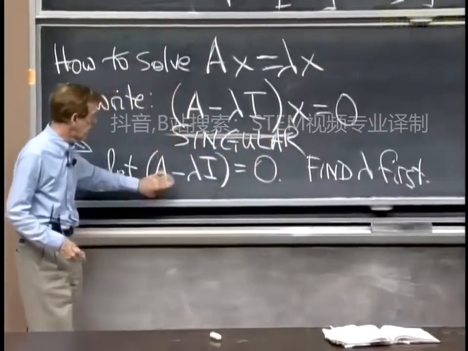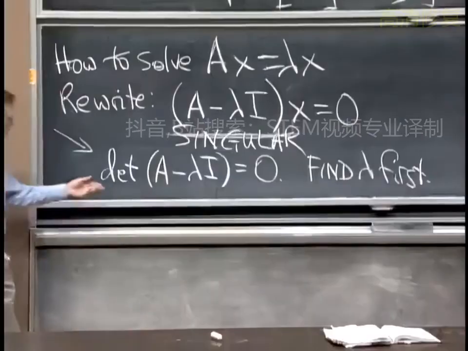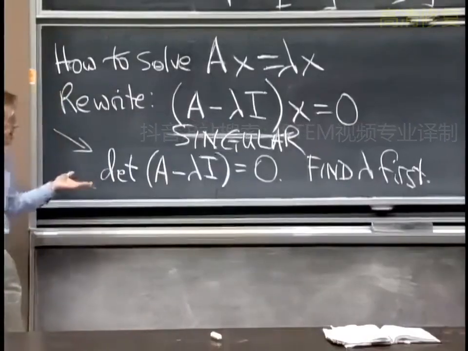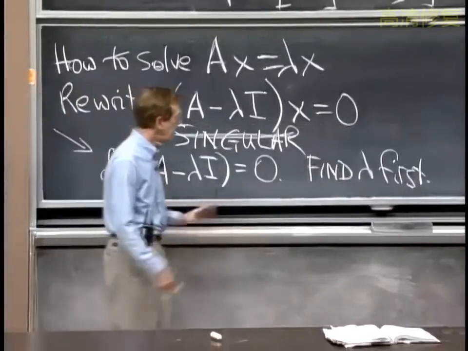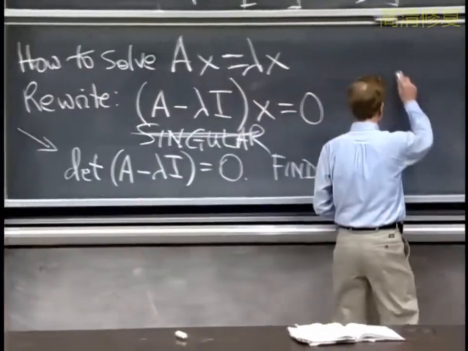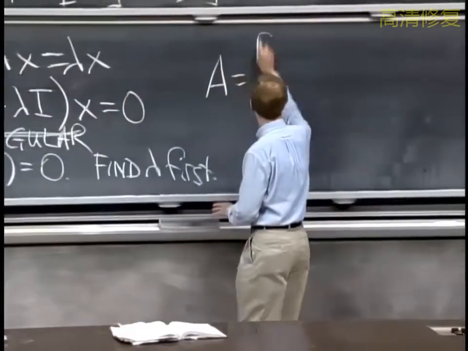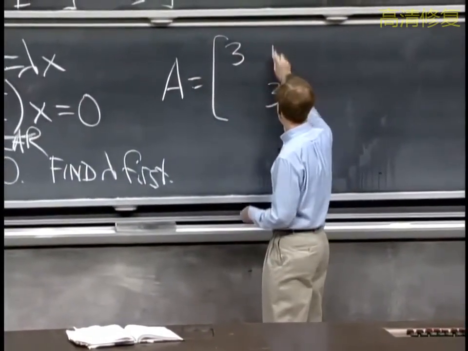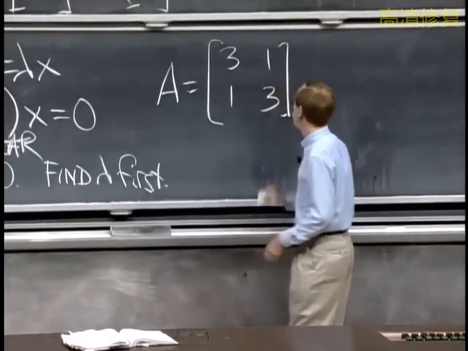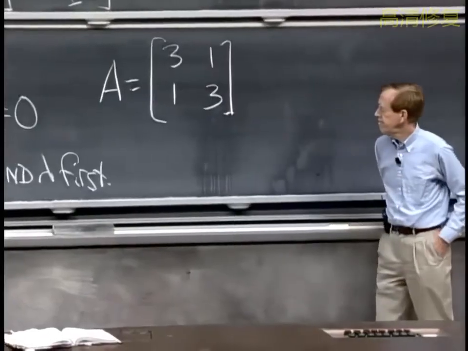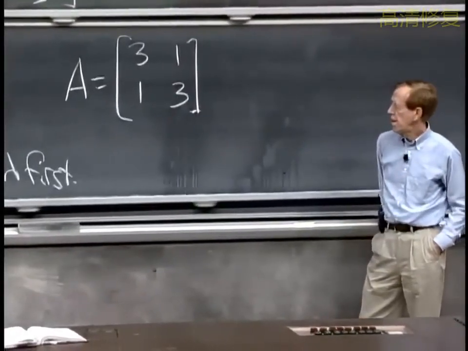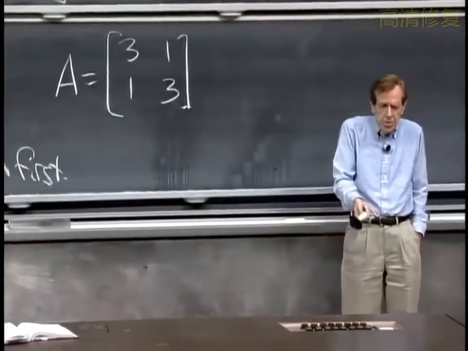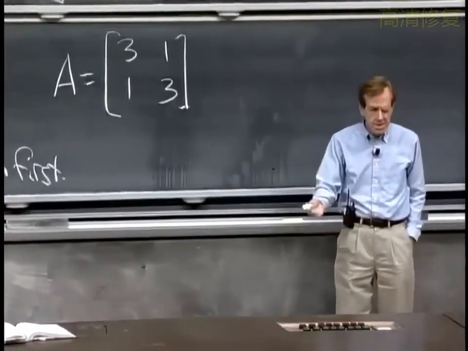Let's look at the first job of finding lambda. Okay, can I take another example? And let's work that one out. Let me take the example, say, let me make it easy. 3, 3, 1, and 1. So I've made it easy. I made it 2 by 2. I made it symmetric.